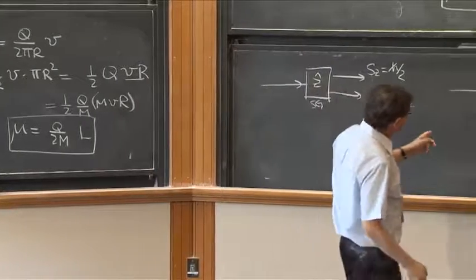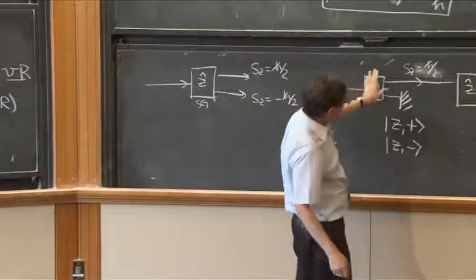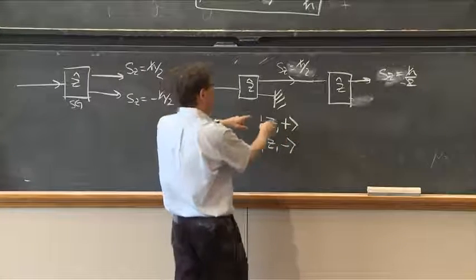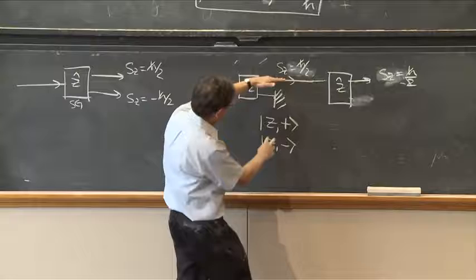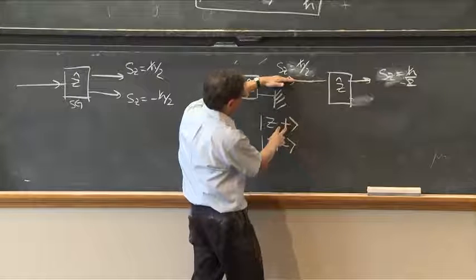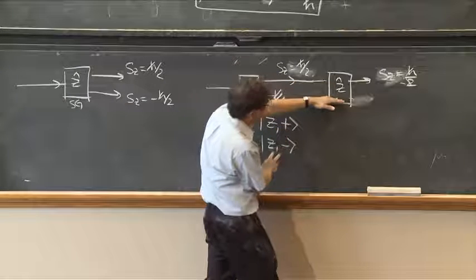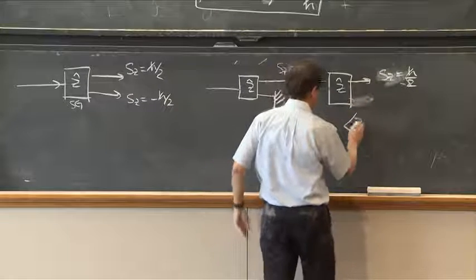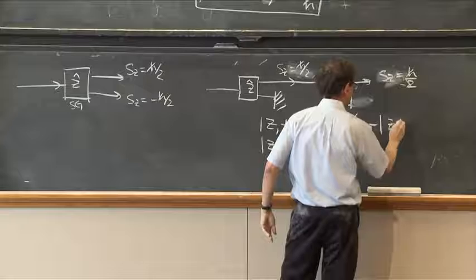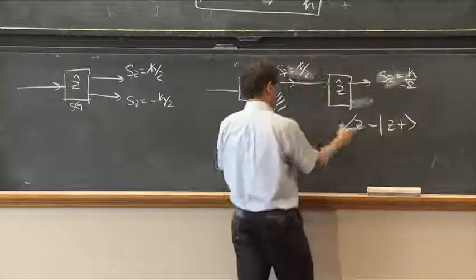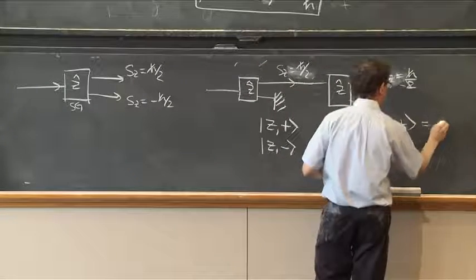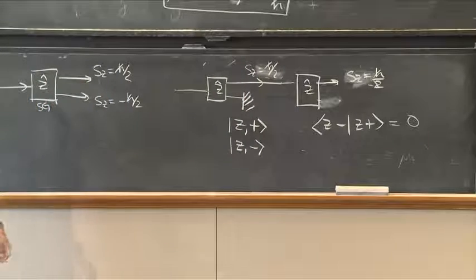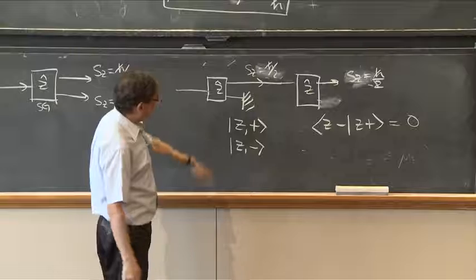And what is this saying? Well, as we will translate it into algebra, we will say that, look, here is a state plus, and when you try to measure if it had any minus component, it had nothing. So we will state that as saying that these states are orthogonal. The minus state and the plus state have 0 overlap. They are orthogonal basis states.